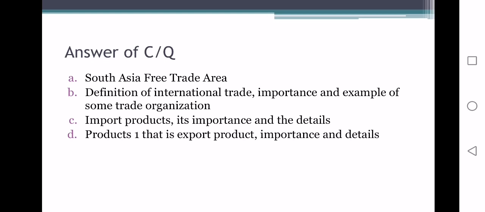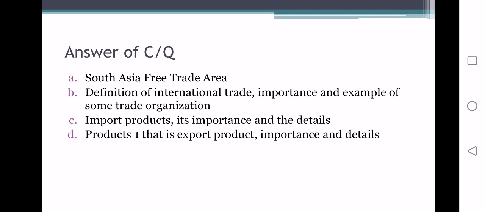If we produced electronic gadgets in our country, we might spend more, but we are importing electronic gadgets from other countries, and that is how we can decrease our expenditure. That is why import is important, and that is why international trade is important. Trade is about selling and buying things, and it is about importing and exporting things.